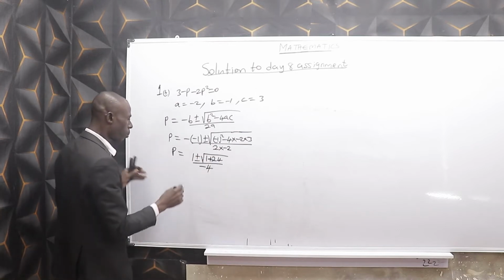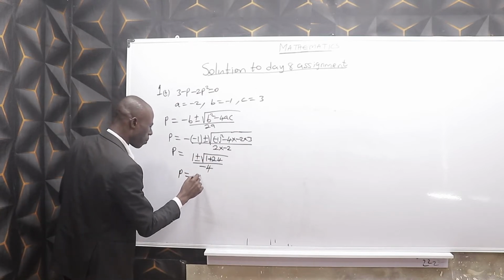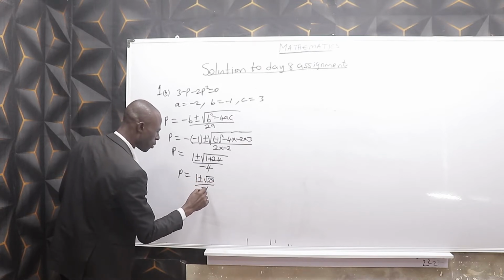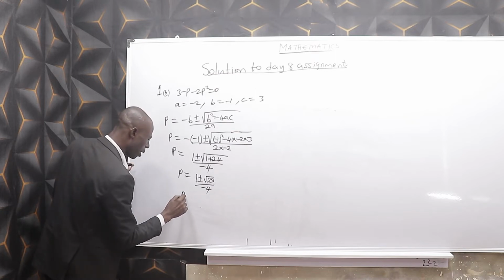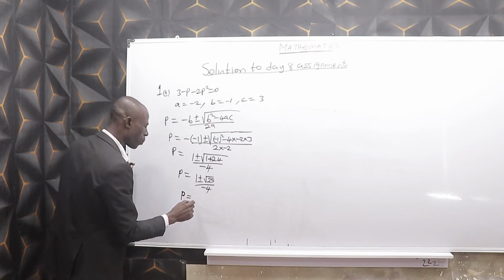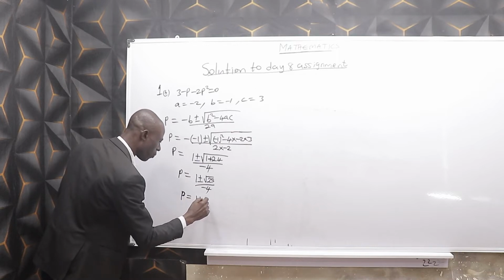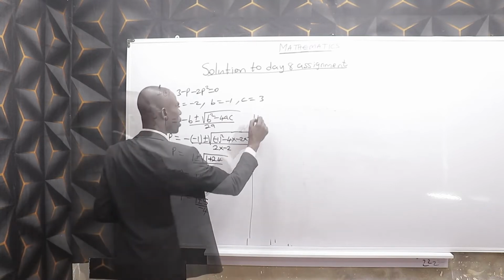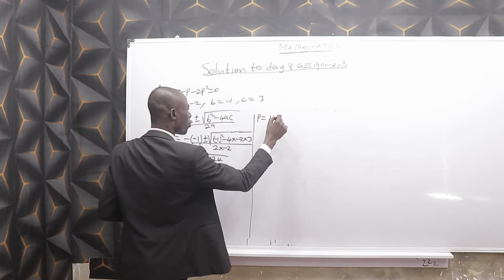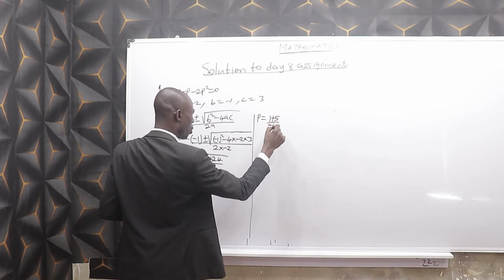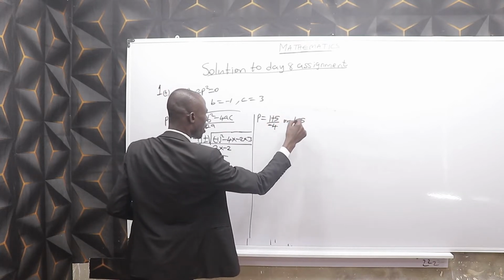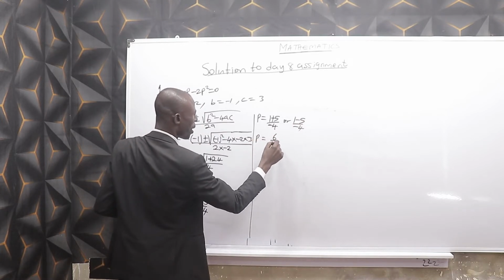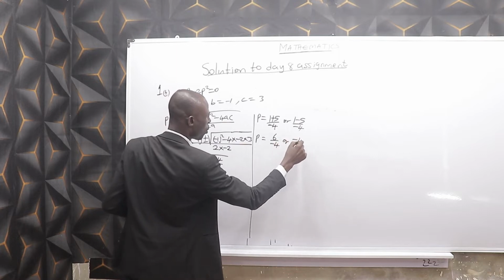2 times minus 2. So we have p being equal to 1 plus or minus square root of 25 over minus 4. So we have p equals 1 plus or minus 5, since the square root of 25 is 5, all over minus 4. p now is 1 plus 5 over minus 4 or 1 minus 5 over minus 4. p equals 6 over minus 4 or minus 4 over minus 4.